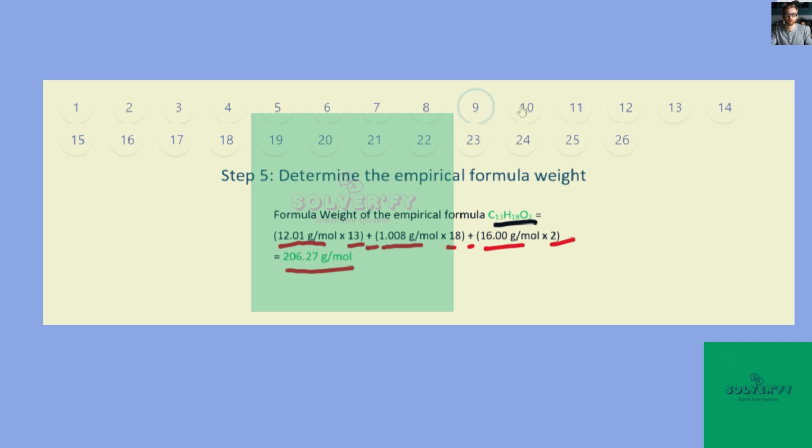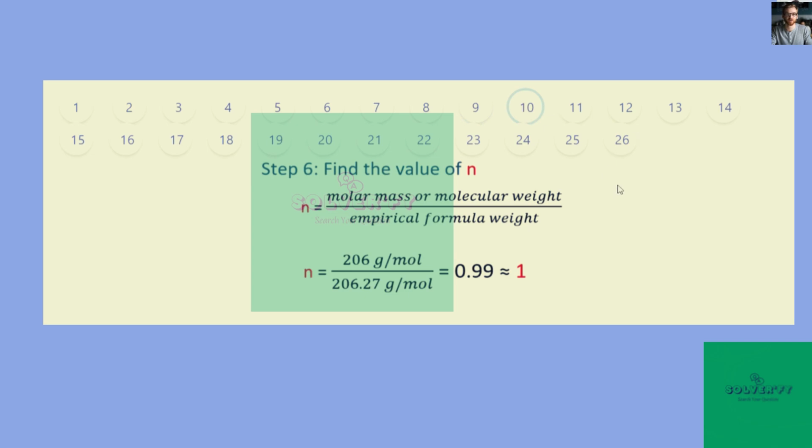Now we know the formula weight of the substance, and we are given the molar mass of the substance, which is 206 grams per mole. We are given this value, and we have calculated the empirical formula weight as 206.27. Now if we divide this molar mass by the empirical formula weight, we get a value of 0.99, which is very close to 1, and we can consider the value of n as 1.